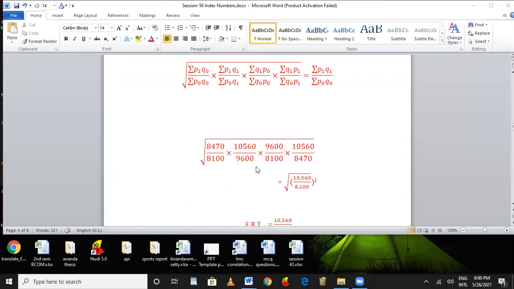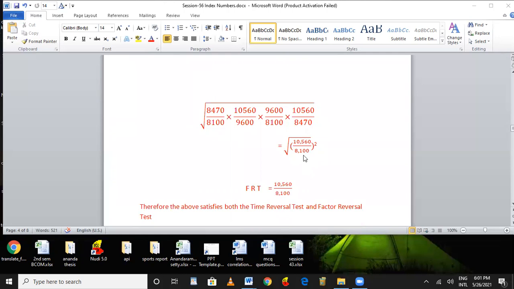This is the test. Here we have P1 Q0 equal to 8470, P0 Q0 8100, P1 Q1 10560, P0 Q1 9600. If you remove the root, you will get 10,560 divided by 8,100.